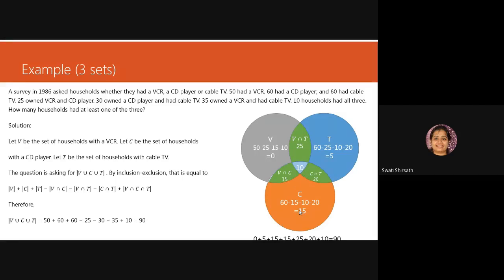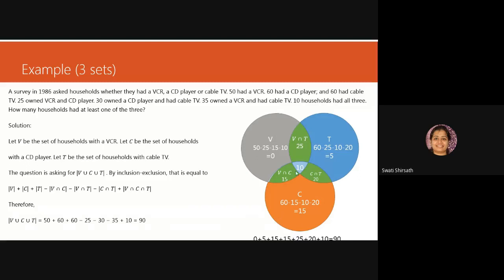Now we are supposed to calculate the households which had at least one of the three, which means the entire Venn diagram. So we have to calculate each and every portion. We'll take 0, we'll take 5, we'll take 15, then 25 plus 25 plus 15 plus 20 plus 10, because we are finding the union.